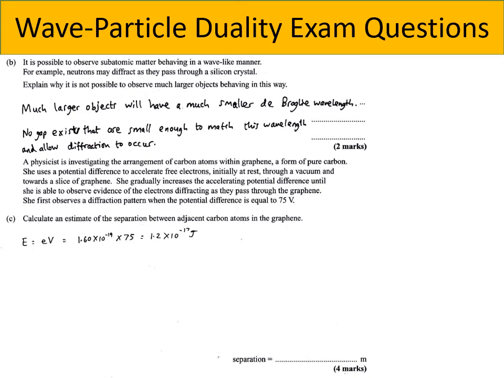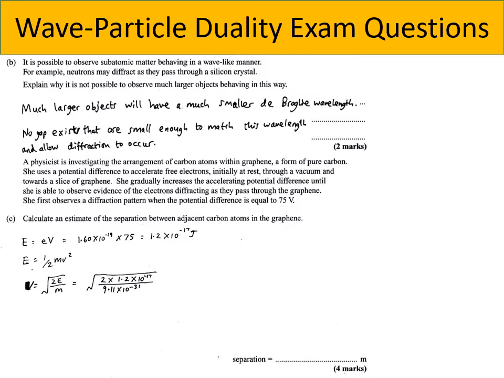So we can use the equation E equals eV, and we get 1.6 times 10 to the power minus 19 multiplied by 75 volts, which gives us a value for the energy of 1.2 times 10 to the power minus 17 joules. Then we can use our kinetic energy equation, E equals half mv squared.